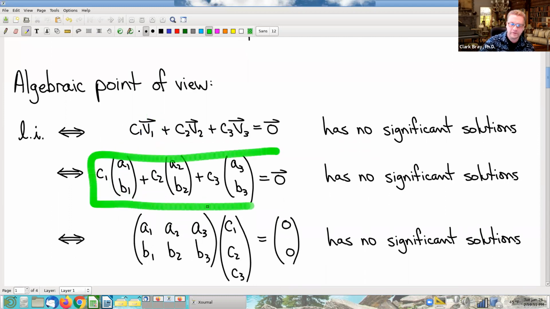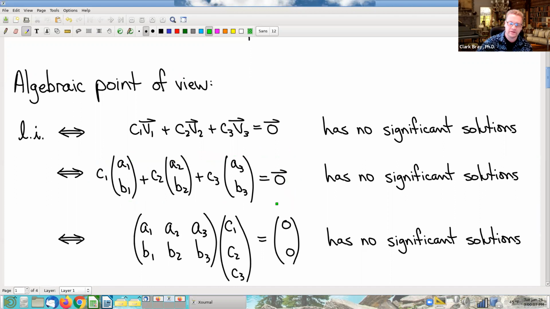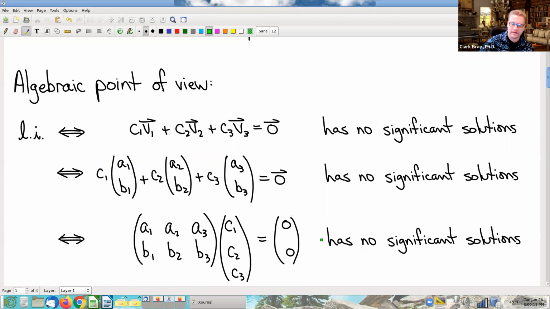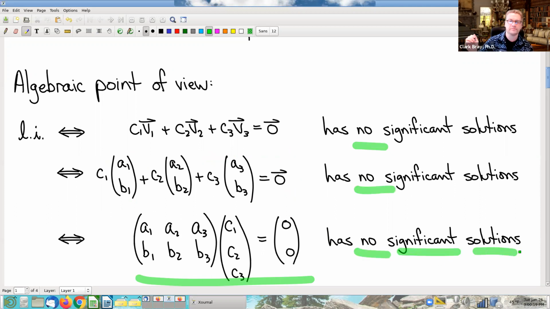Here we have what you might call a vector equation, but if you multiply that out, you get a system of equations. It's a little 2-row, 3-column, so 2x3 system of equations. All right, we have a notation for how to write systems of equations. We have this. So we need for this, chapter 1 style system of equations, again, to have no significant solutions.